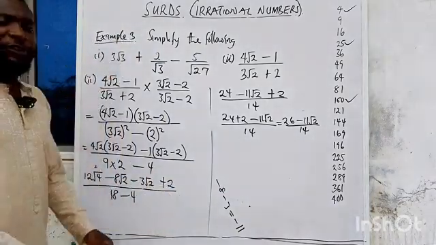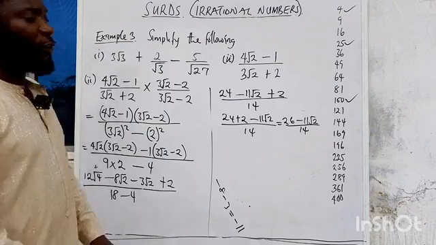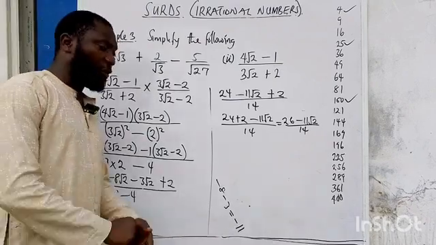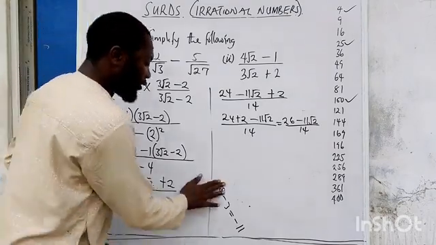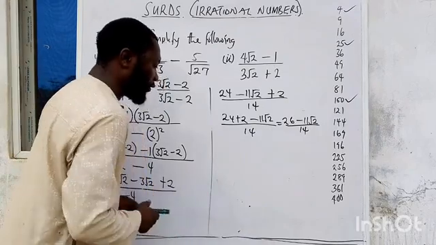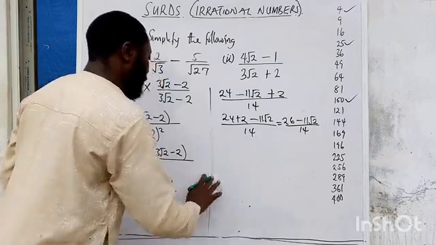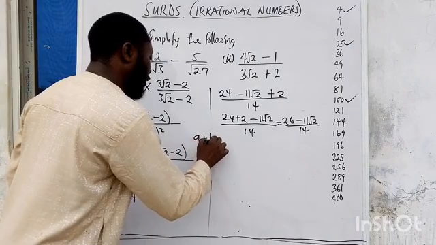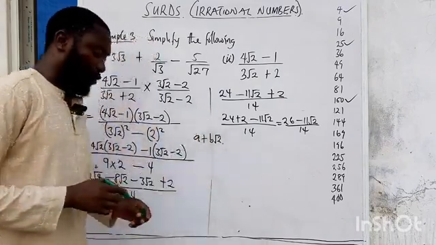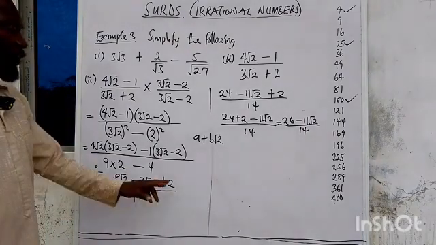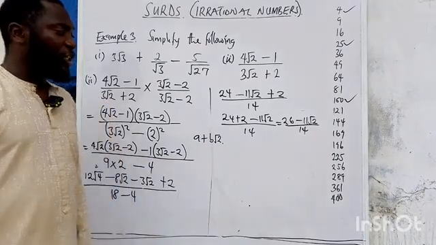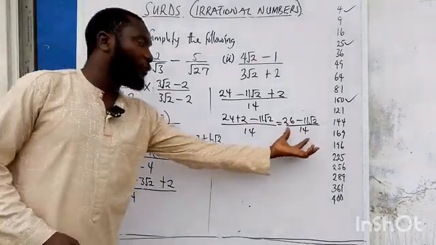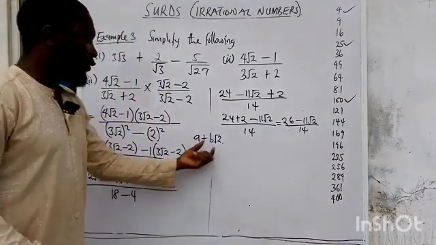But sometimes, probably in WAEC or JAMB or any other external exam, you may be asked to express your result in this form: a plus b root 2. It means you have this result, but you are expected to express it in this form.